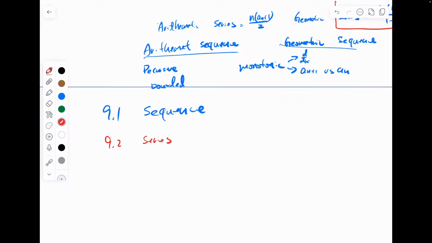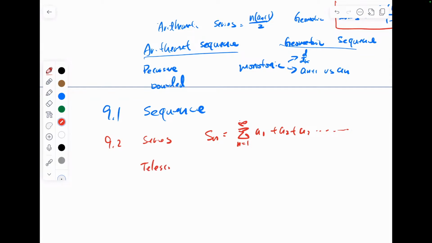Okay, what is a series? Well, a series is basically adding, like s to the n is equal to the summation of a to the n, n equal to 1 to infinity, a to the 1 plus a to the 2 plus a to the 3 dot dot dot, to infinity. And we started talking about the first series that we introduced. What is it?